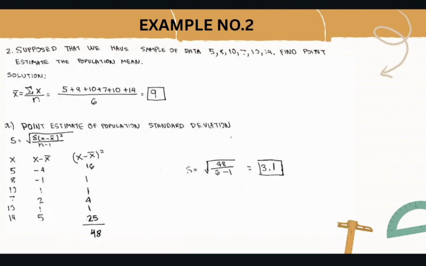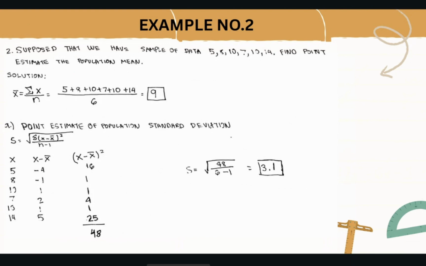And for example number 2, suppose that we have sample data 5, 8, 10, 7, 10, 14, and find the point estimate of the population mean. For our solution, first we need to know the formula.